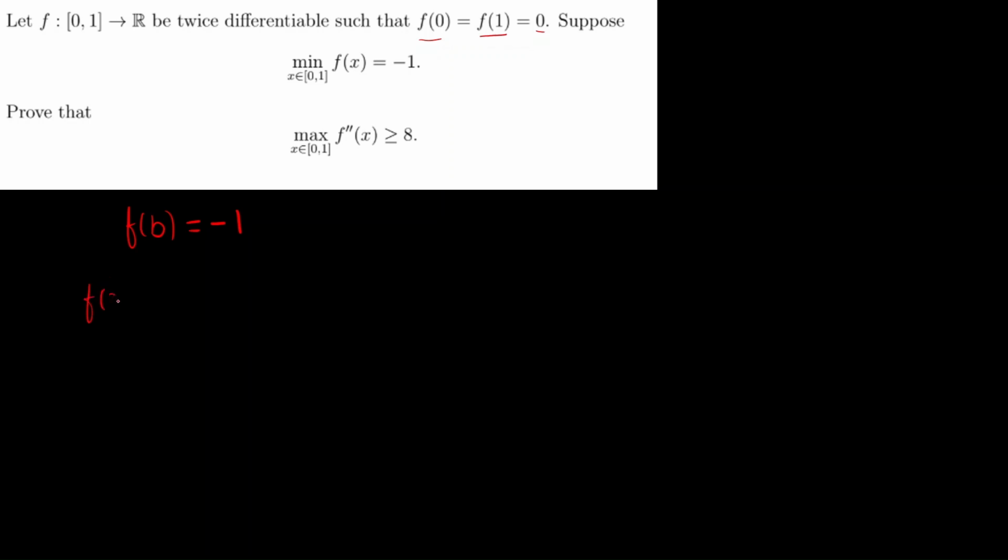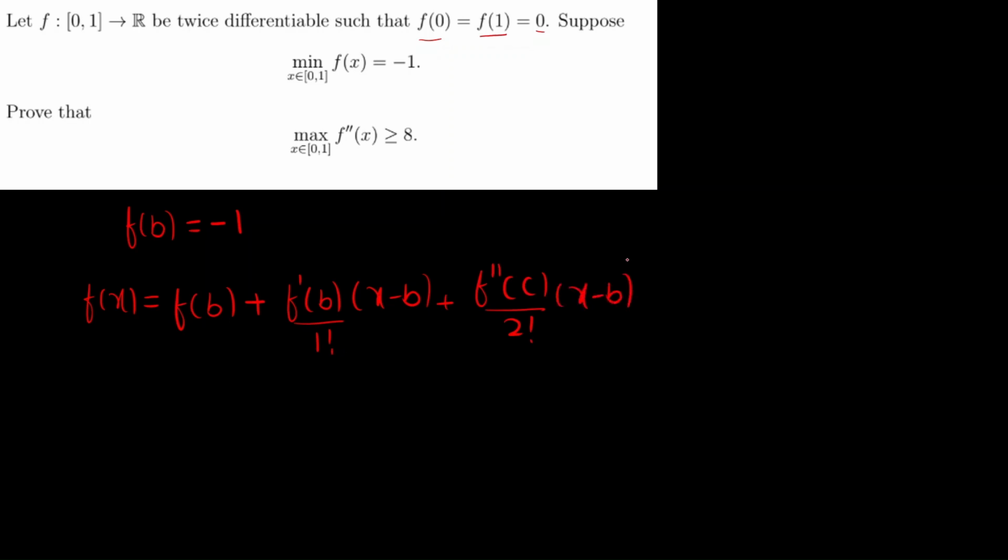I can write f(x) is equal to f(b) plus f'(b) into (x minus b) by 1 factorial plus f''(c) by 2 factorial times (x minus b) whole square, where c belongs from b to x.